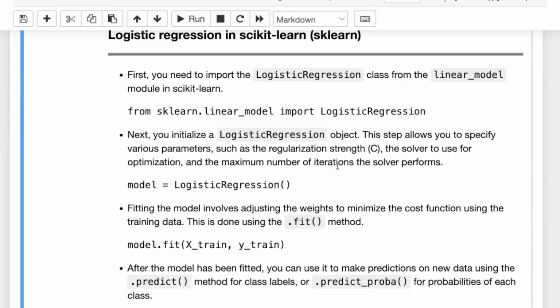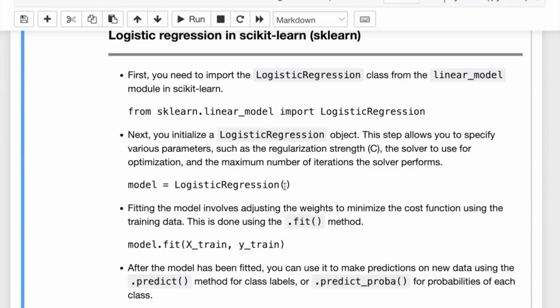Also, the exact optimization technique that we want to use. And since the optimization technique here is an iterative process, we can set the maximum number of iterations. So depending on how much you understand the underlying mechanisms of logistic regression, you are more than welcome to adjust them. But if you don't know very much about them, you can use them as is without providing extra parameters.